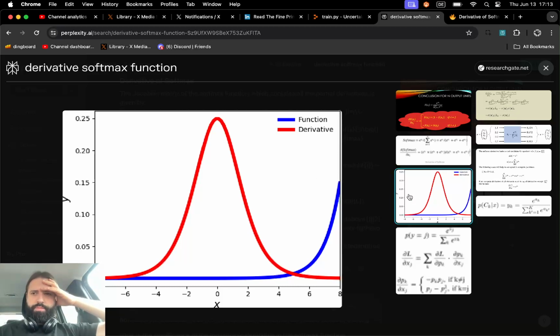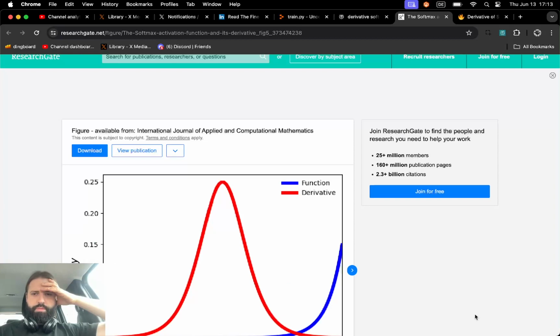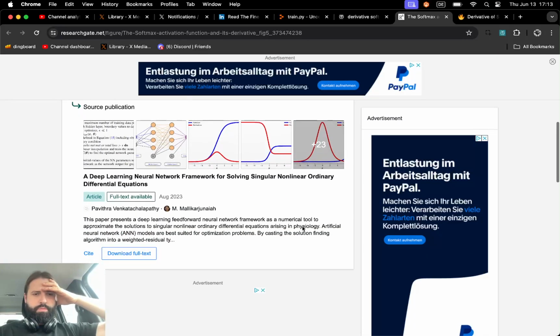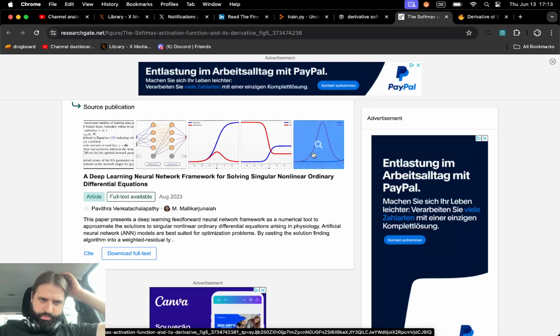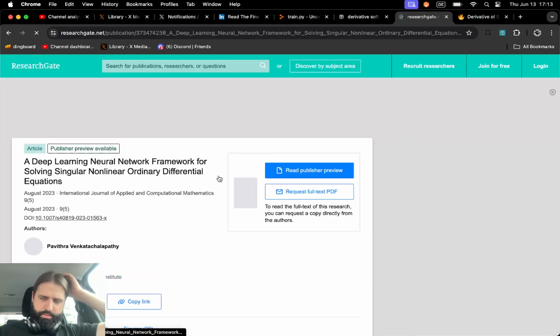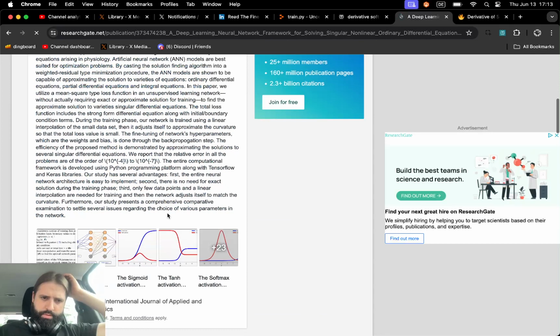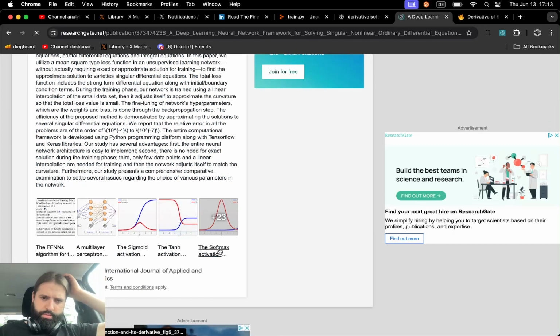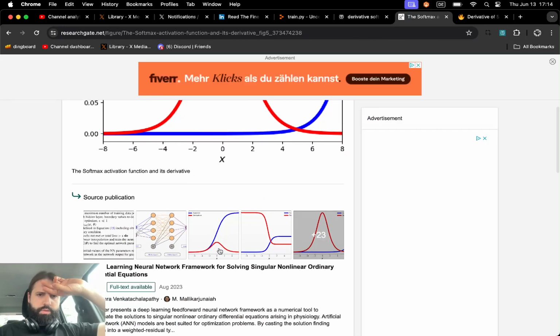Where is this from? ResearchGate? Do I have access to the full text? The softmax activation function and its derivative.